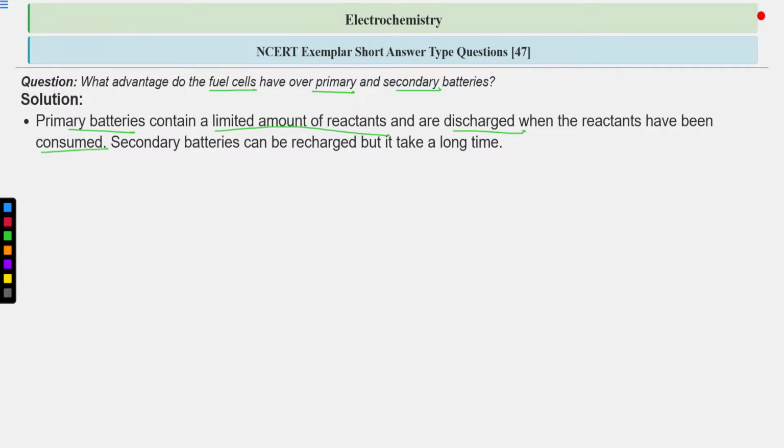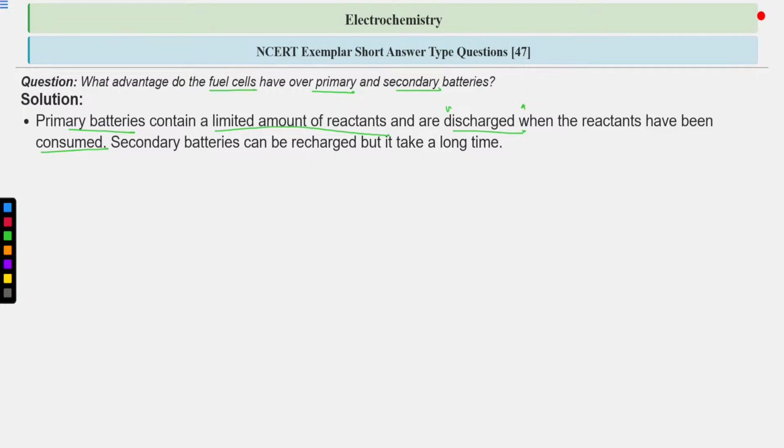That means when the conversion of chemical energy to electrical energy is completed by the consumption of the limited amount of reactants present in our primary batteries, the primary batteries get discharged and we have to throw them away.